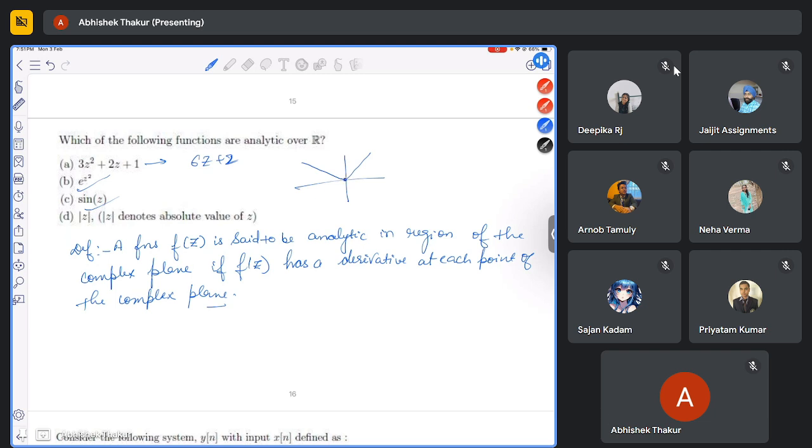So at z equal to 0, the derivative of mod z is minus 1, and at z equal to 0 there is a discontinuity. So that's why options A, B, C are correct and option D is not correct.